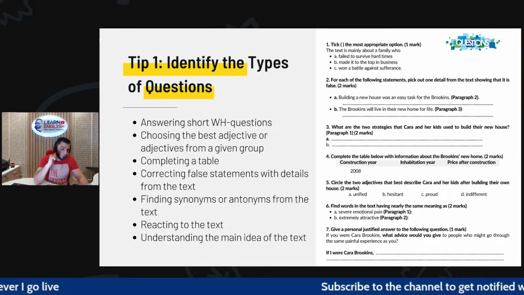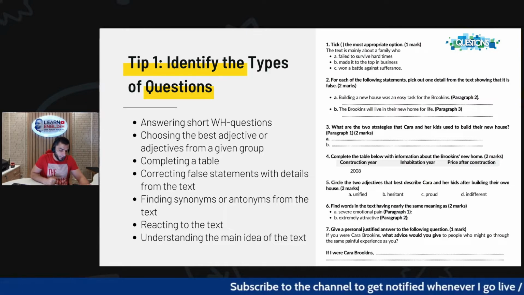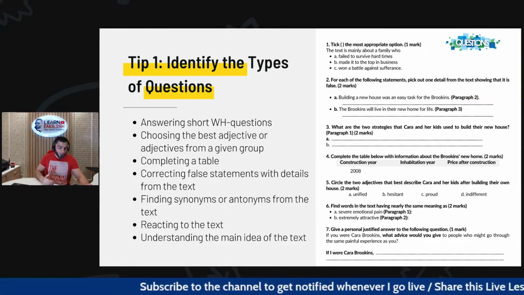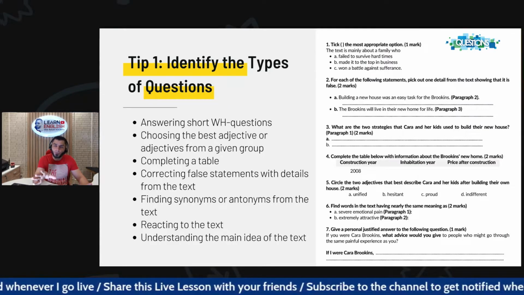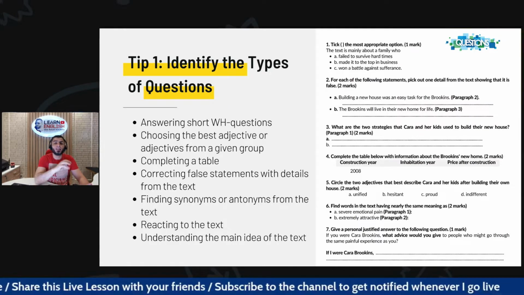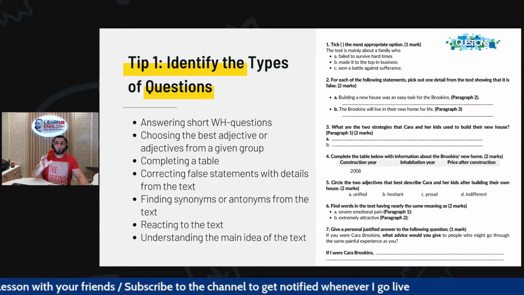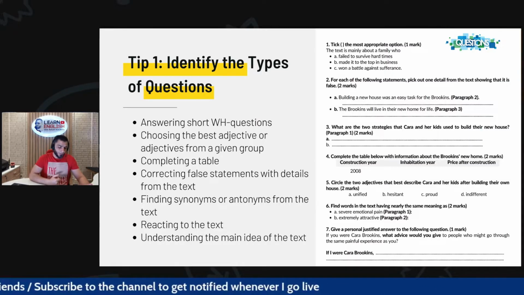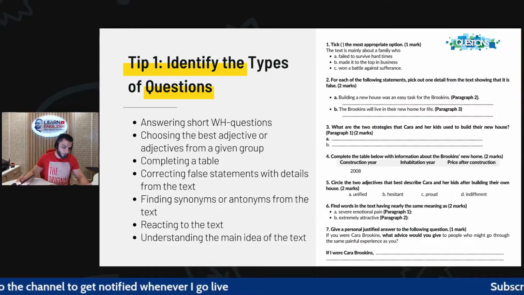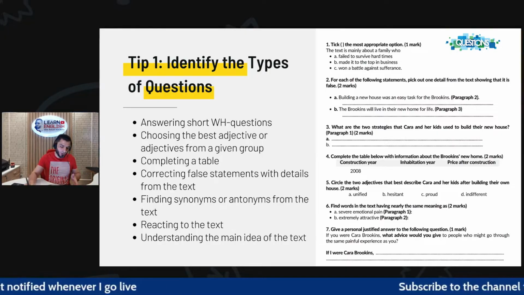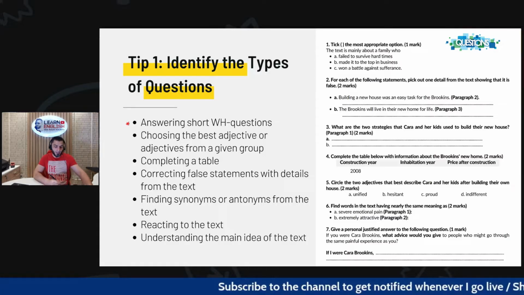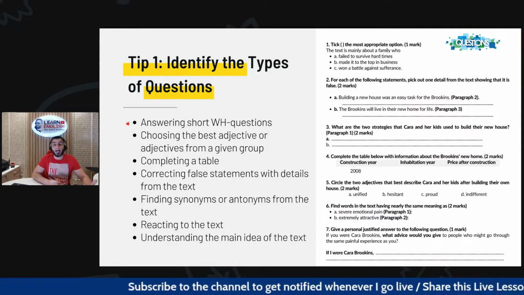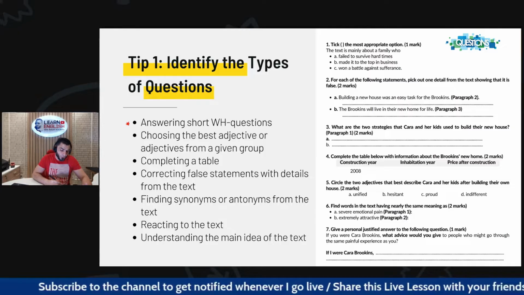So as you can see from the list here, we have 7 questions and we have seven types. So we're going to read the questions and we will label each question with the appropriate type. So what do we have here? We have answering short WH questions. Then we have choosing the best adjective or adjectives from a given group.